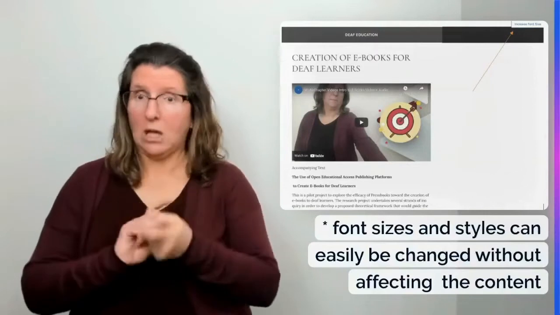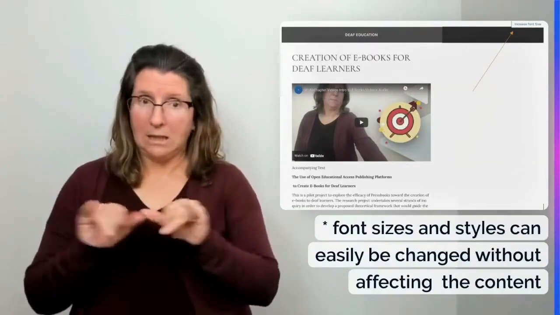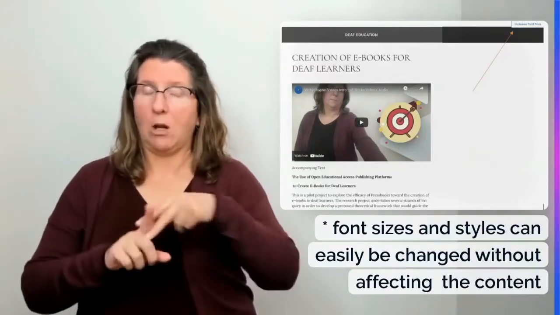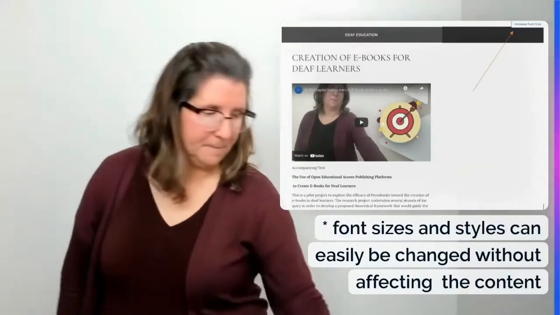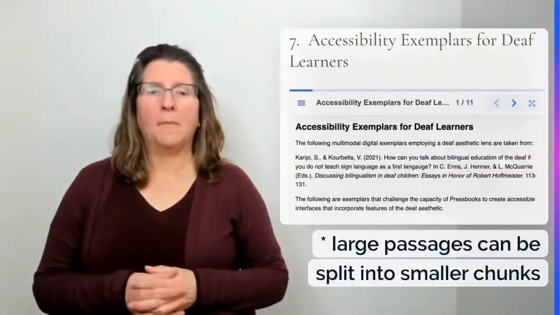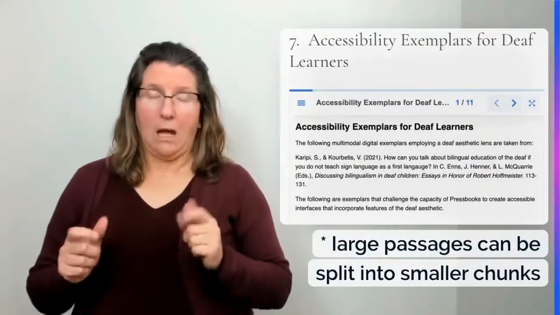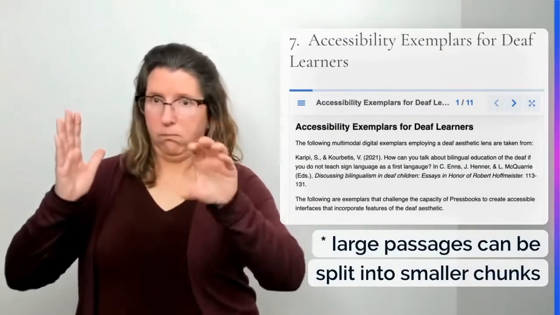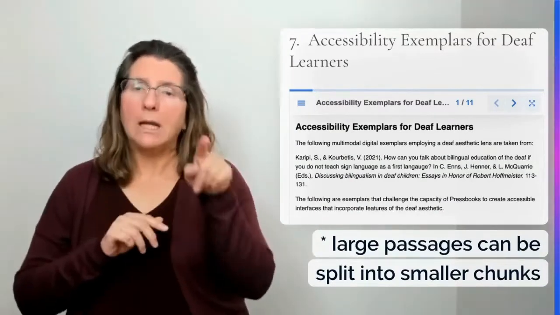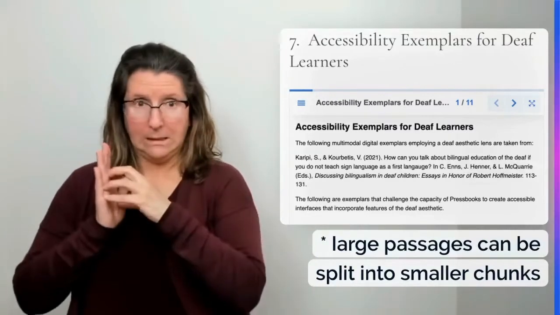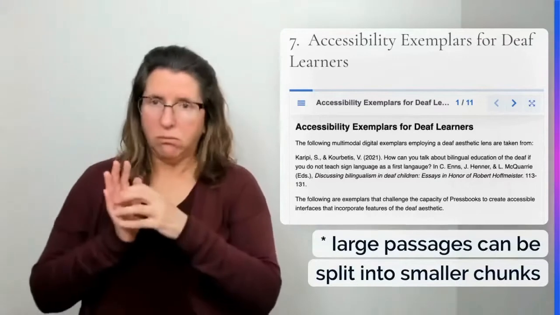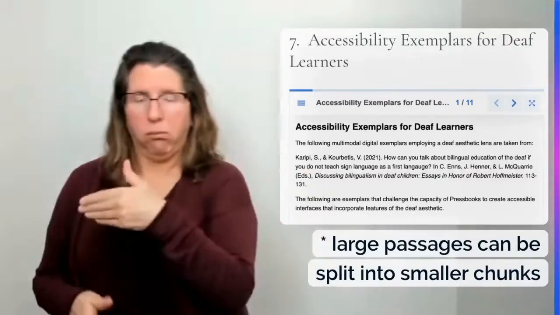In the Pressbooks software, font size, styles, colors, and so on can easily be changed without affecting the content. Lengthy passages can be separated into smaller, manageable sections according to your learner's needs and your teaching design. With a simple click of the mouse, each section appears on the screen.